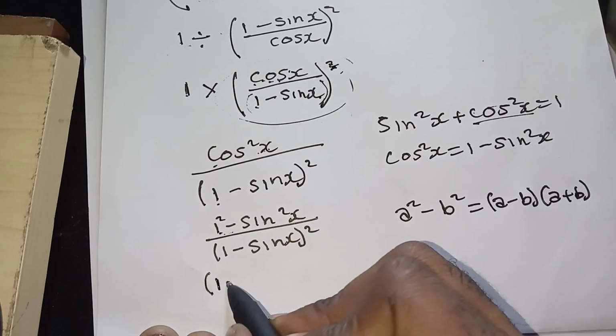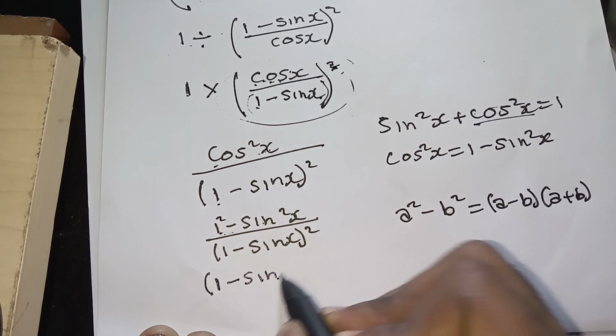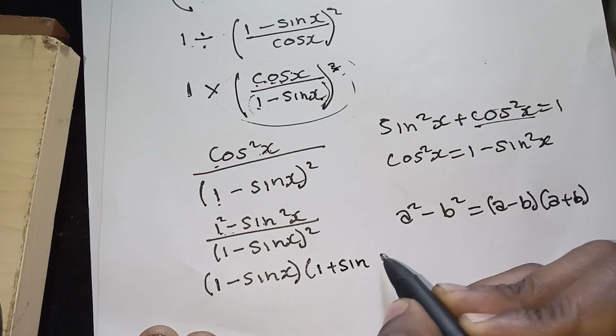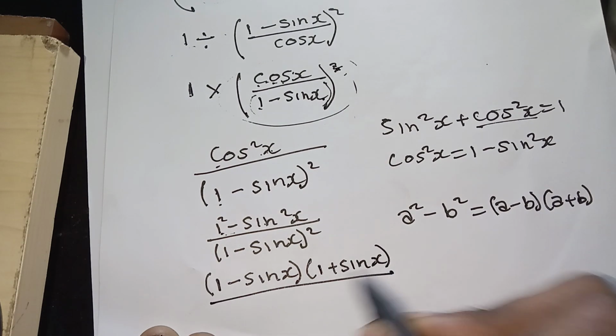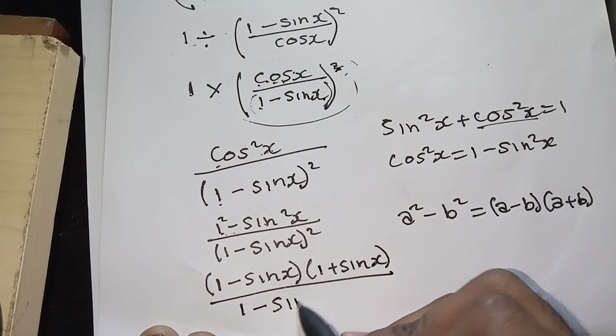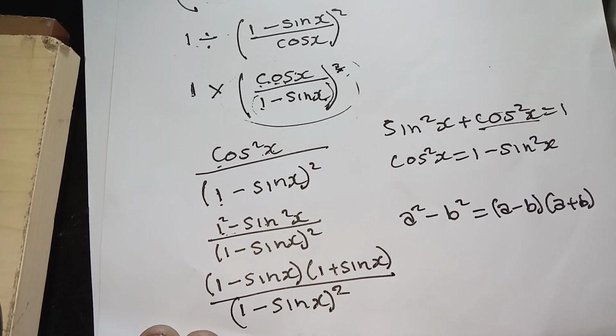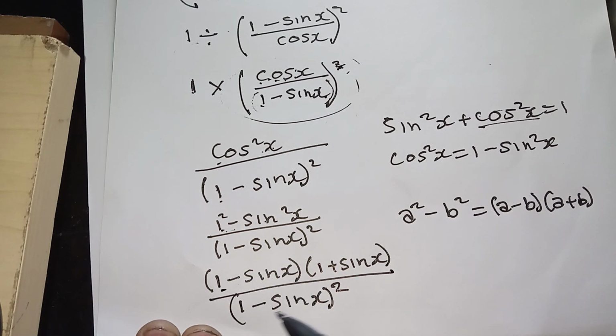So we can say 1 minus sine x, and then 1 plus sine x, then everything over 1 minus sine x squared. So as you can see, this and this is exactly the same.